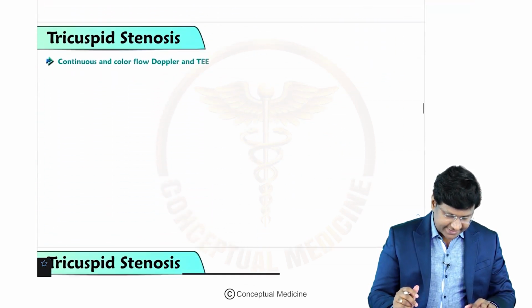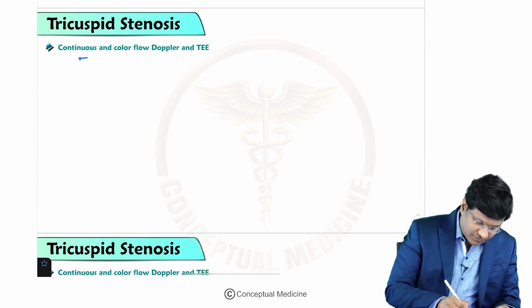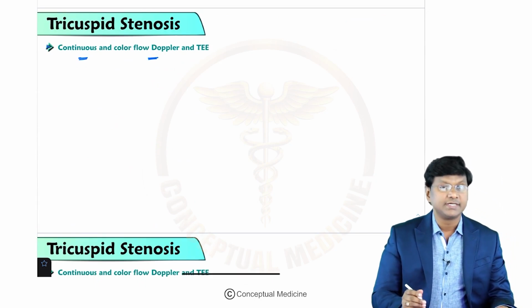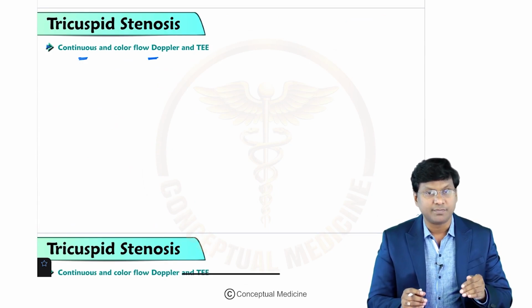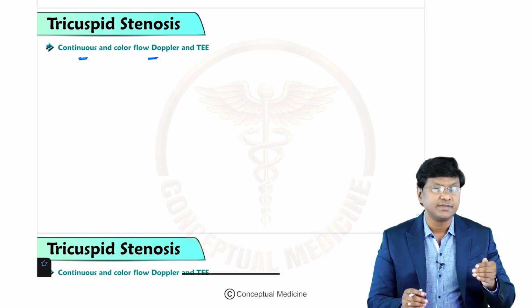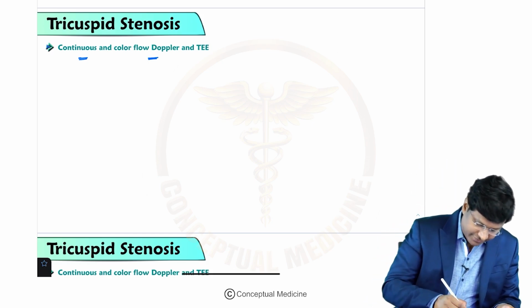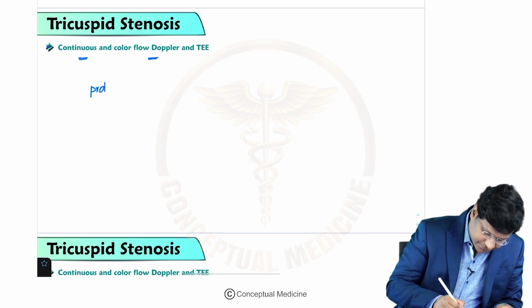And followed by that you take the continuous as well as the color flow Doppler. When you do the Doppler studies, what you will observe is an increase in the pressure half time, so there will be prolonged pressure half time.